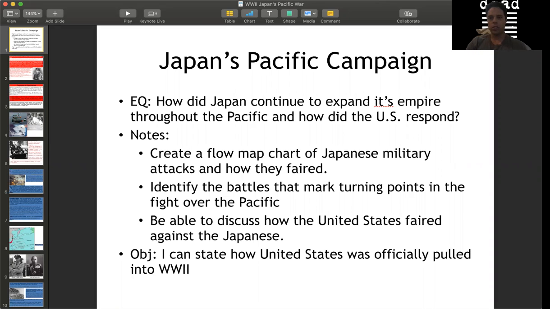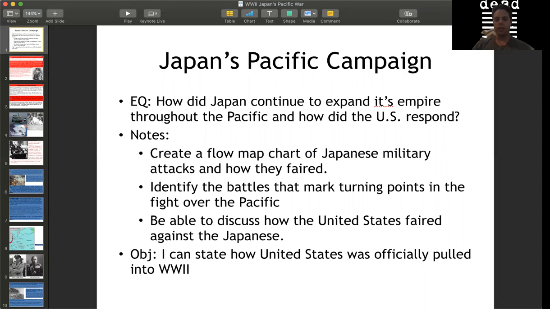Our essential question for this is, how did Japan continue to expand its empire throughout the Pacific, and how did the US respond? What I would like you to do is to create a flow map, kind of a flow chart of the Japanese military attacks and how they fared in each one.